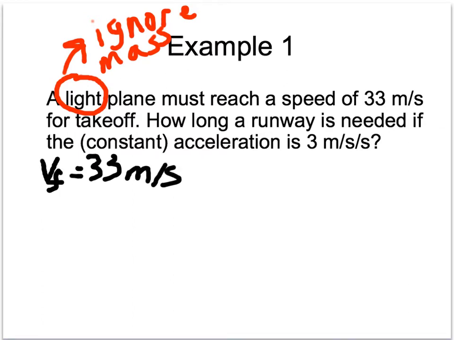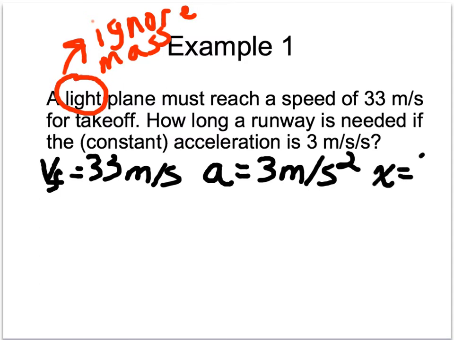And then I'm going to say that the acceleration is 3 meters per second squared. And I'm looking for the distance traveled, or x, is what I'm looking for. So now I want to find an equation that takes final velocity, acceleration, and gives me distance.